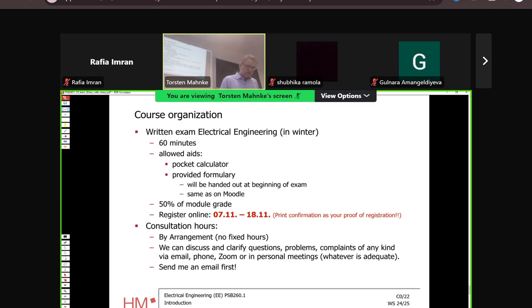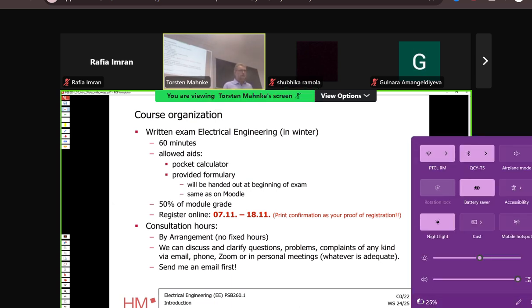So for the exam, you don't bring your own printout. We will supply a printout to you. But it's important that you use this formula throughout the semester so that during the exam, you already know how it looks and where to find things.